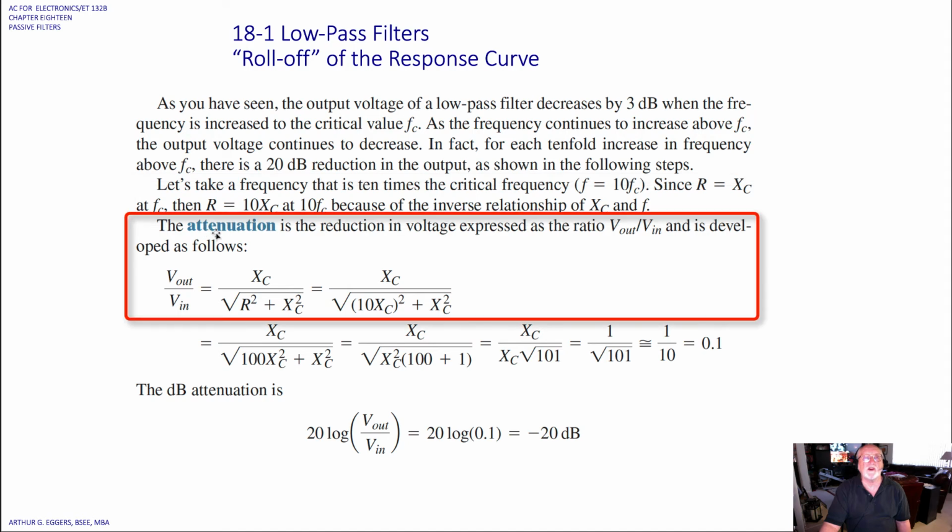So the attenuation is the reduction of voltage expressed as the ratio V out over Vn and is developed as follows. So here's the mathematical relationship.